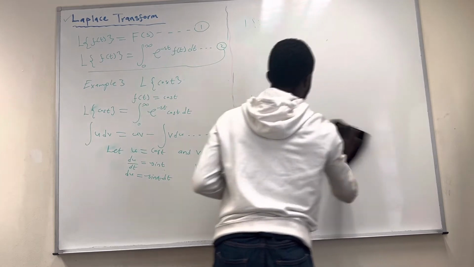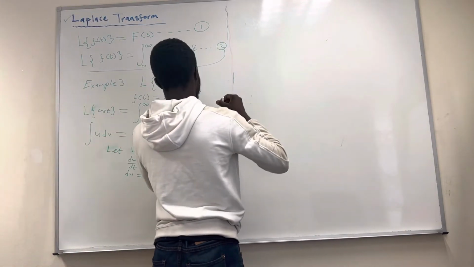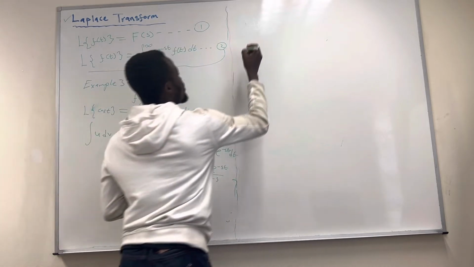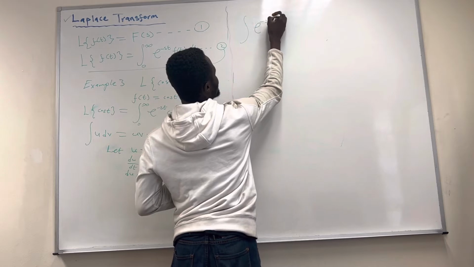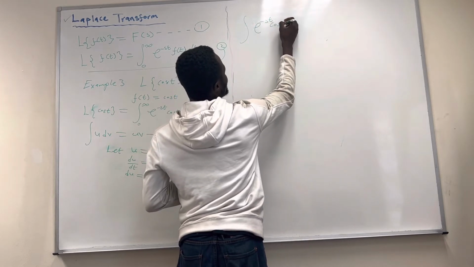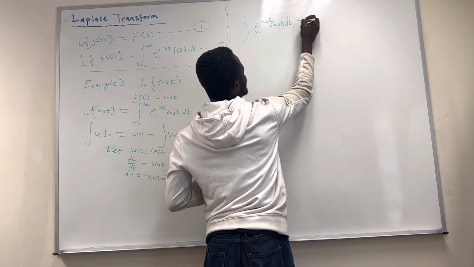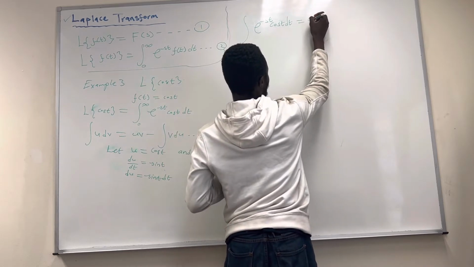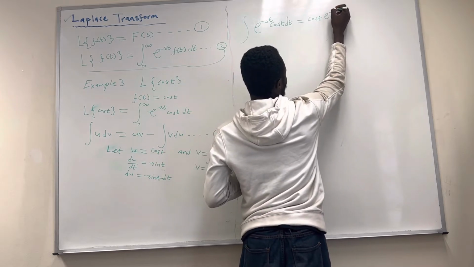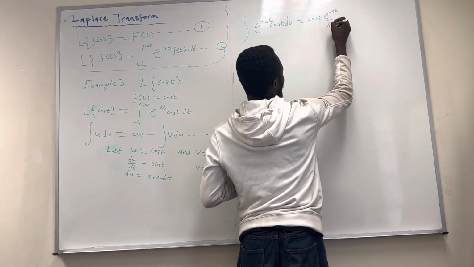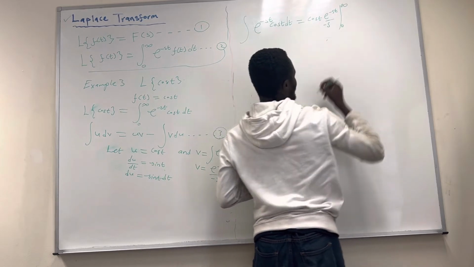Okay, good. We are almost done. So we have the integral of e to the negative st cos t dt is equal to, our u is cos t, and our v is this. Don't forget your limit, 0 to infinity.